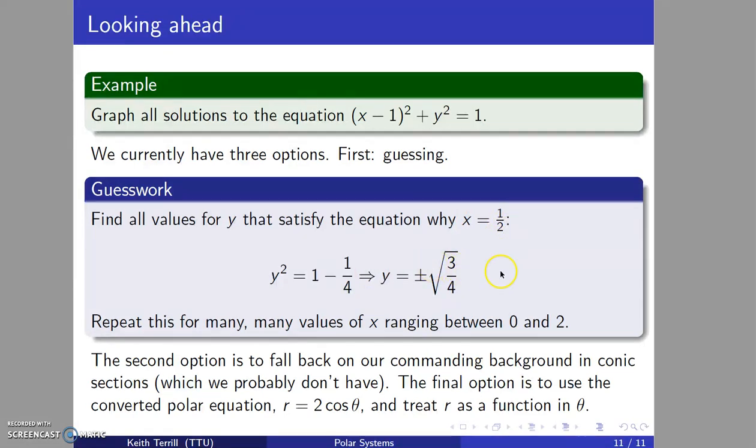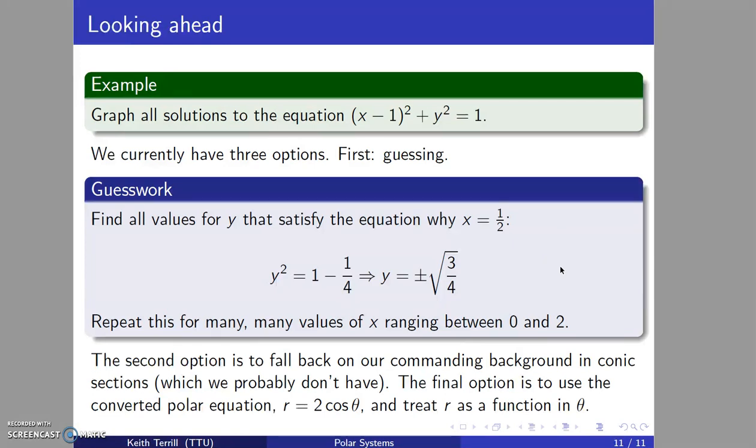If x is a half, then I have plus or minus root 3 over 2. See what would happen if x is 1, if x is 2, if x is 3 halves, if x is 3/4, if that'll work. That sort of thing. Just do all those values and get a whole bunch of points on the xy rectangular coordinate system, and plot all those and see if you have enough idea of how this thing looks. That would work, right? That might take a lot of point plotting, but that would work.